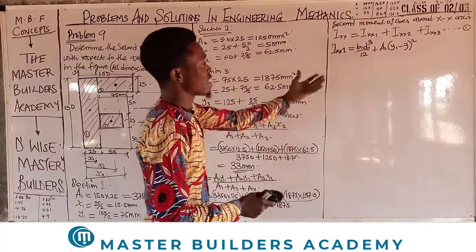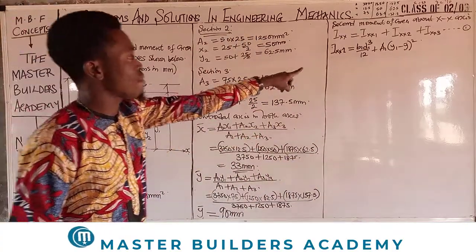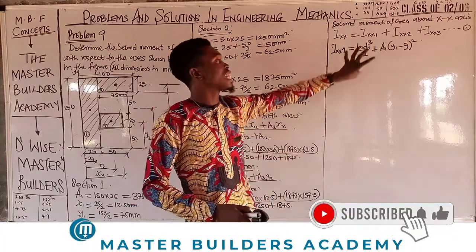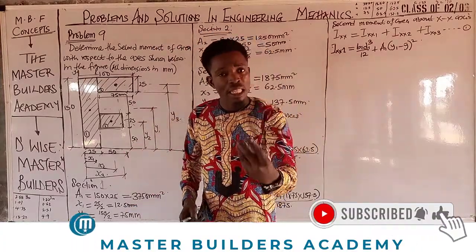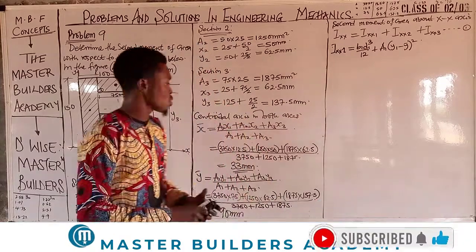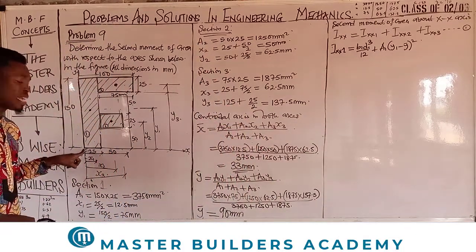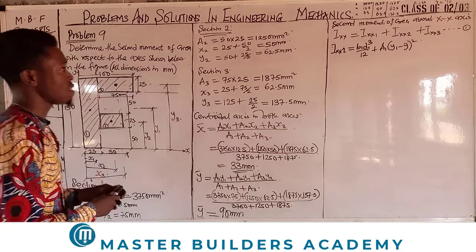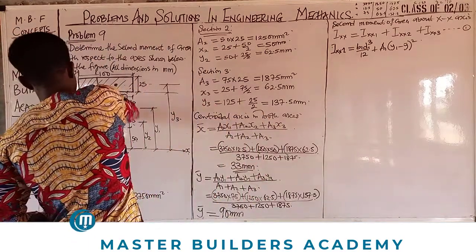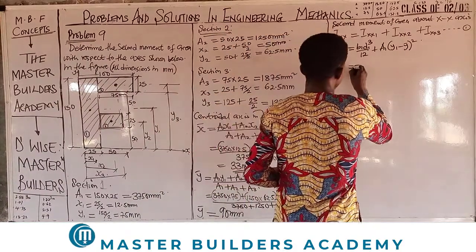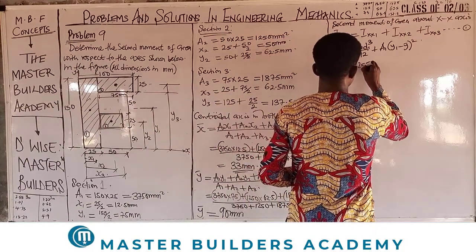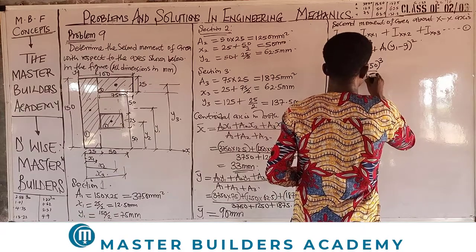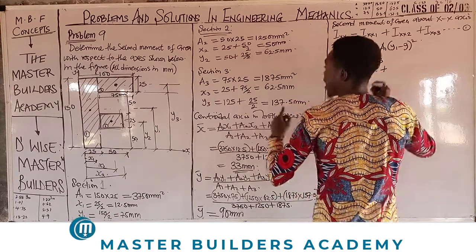Alright? Now in furthering this problem, it is clear to us based on the problems we've solved before now that these parameters here will be obtained from section 1. So when we come to section 1, remember that B, horizontal distance is 25, vertical distance is what? 150. Is that correct? Yes, 150. So we have this as 25 into 150 cube over 12 plus the area 1.